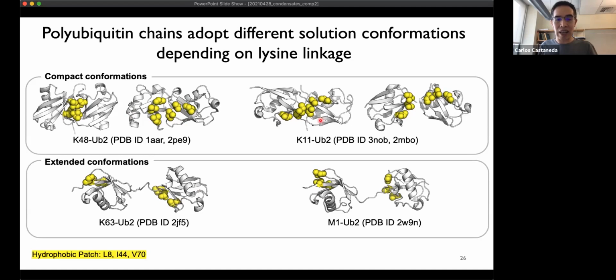You can see with K11 dimers shown here that the hydrophobic patches are kind of close to each other and the overall conformation is compact, whereas M1 chains look really similar to K63 in that they're extended and these patches are more exposed, right?